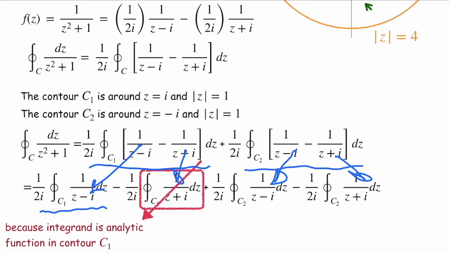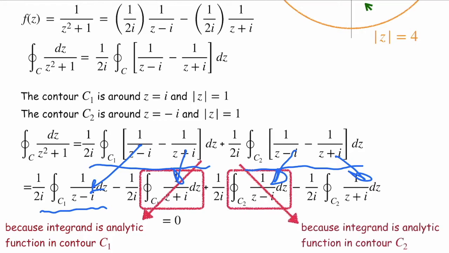This is analytic in the contour C1, and the integration of this function on that contour is going to give the value 0 because the function is analytic. Now let's look at the other term, which is 1 by z minus i integrated over the contour C. This is also going to be 0 because this function is analytic in that region, and Cauchy's earlier theorem says that this integral should be 0.